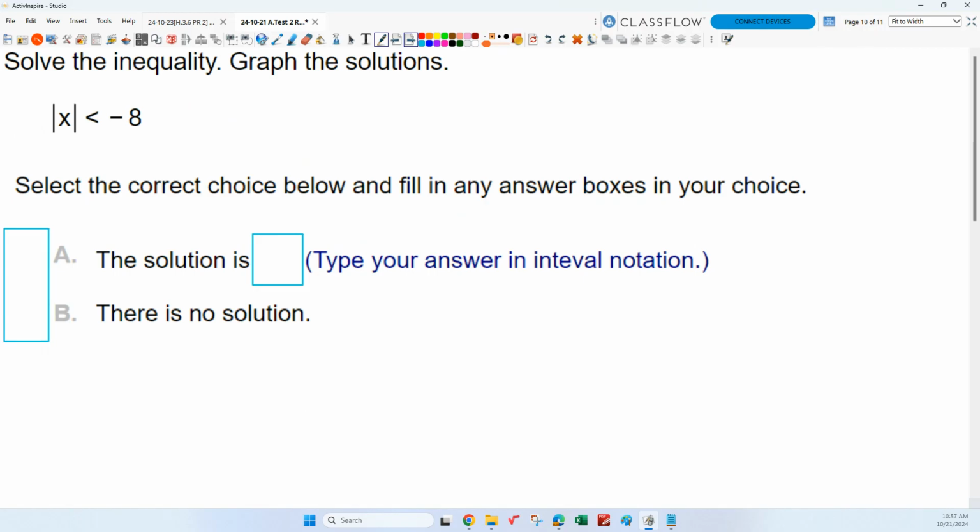Okay, this is a weird one. We got an isolated absolute value of x is less than negative 8. What's going on, Leighton? So is that going to be a no solution or infinite solutions? No solution, right? And whenever you see the negative over here, just always ask yourself a how often question.